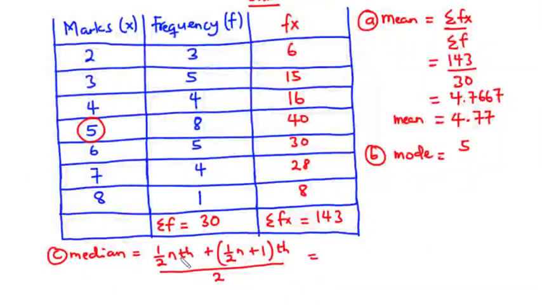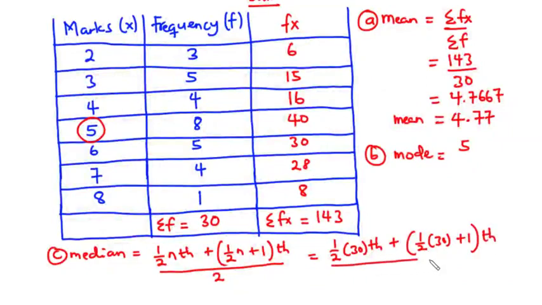Now in place of n, we are going to substitute the value of summation of f, which is 30. So we have 1/2 times 30 th plus 1/2 times 30 plus 1 all in bracket th divided by 2.